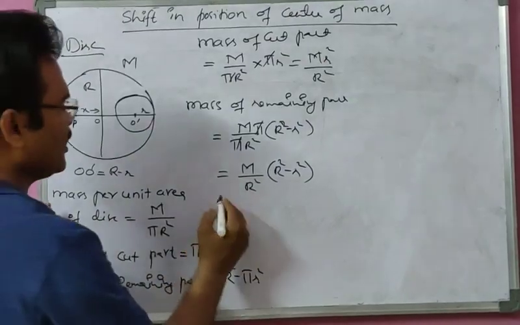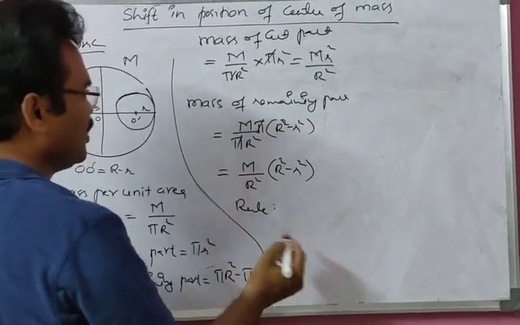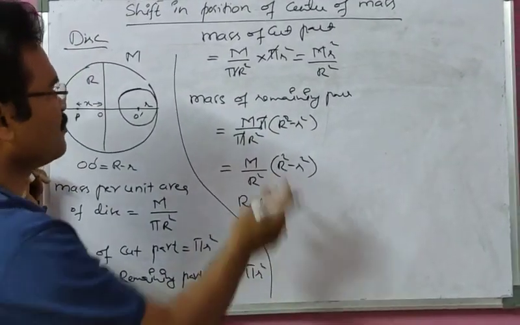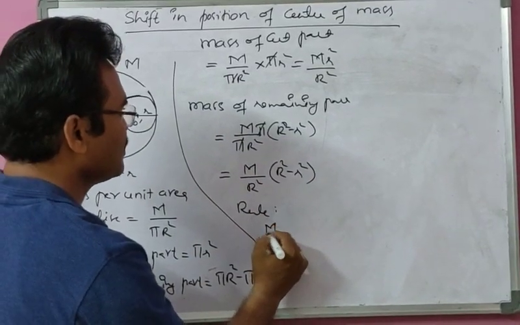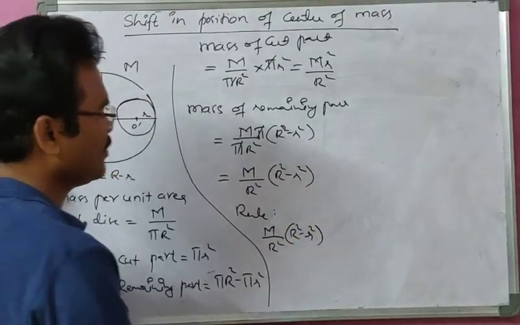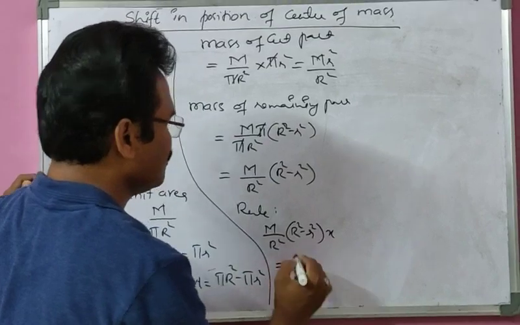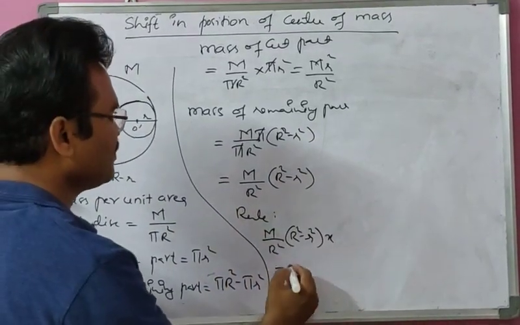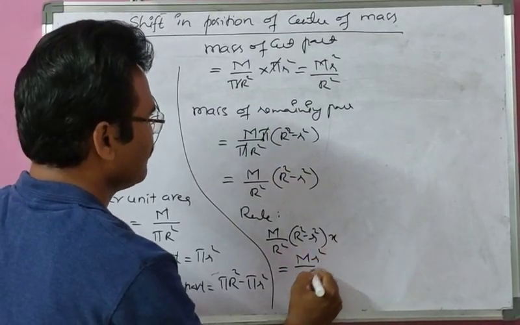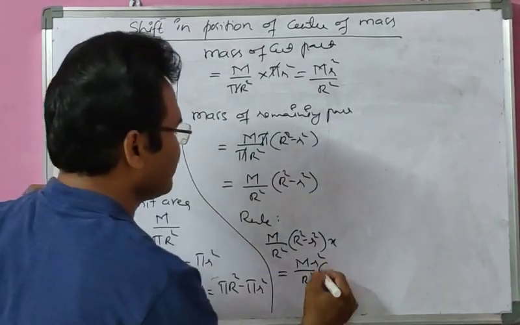So I'm applying the rule here. Moment of remaining part: moment means mass into perpendicular distance. The mass is m by R square into R square minus r square, and the perpendicular distance is x, equal to the moment of the cut part. First of all I will write the mass of this one, m r square by R square, into the distance, which we already wrote, that is R minus r.